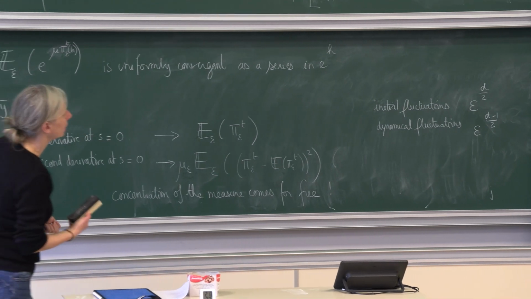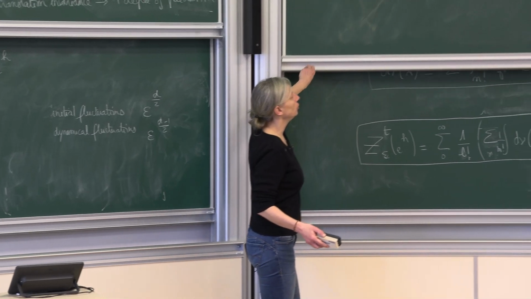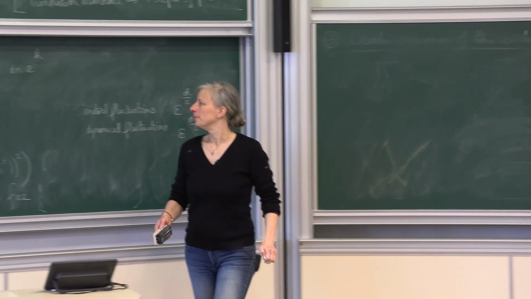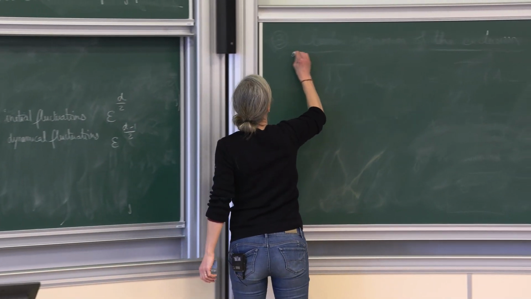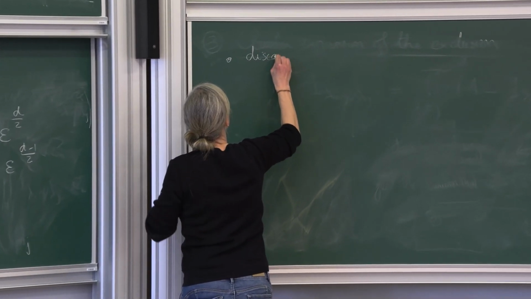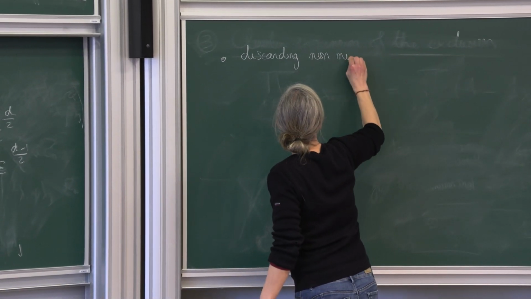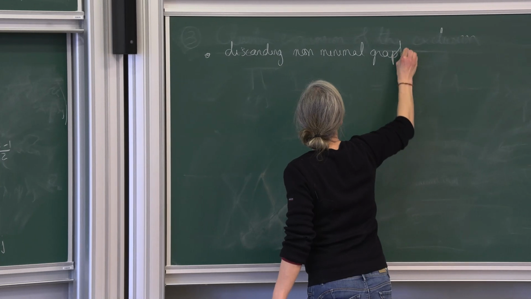Okay, so I still have a bit of time, and I would like to discuss how you get the limiting functional. So that's the second point here for the limit. And I think that's the important point here.